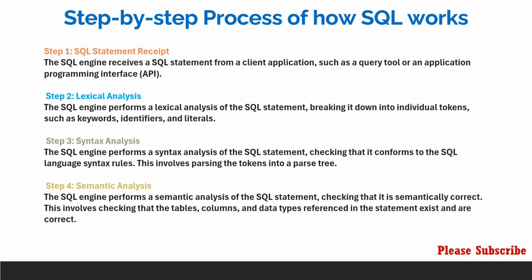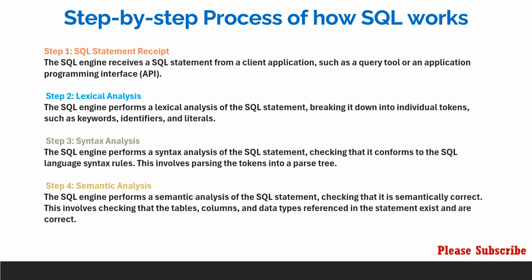Step 2, lexical analysis. The SQL engine performs a lexical analysis of the SQL statement, breaking it down into individual tokens such as keywords, identifiers, and literals. Step 3, syntax analysis. The SQL engine performs a syntax analysis of the SQL statement, checking that it conforms to the SQL language syntax rules. This involves parsing the tokens into a parse tree.